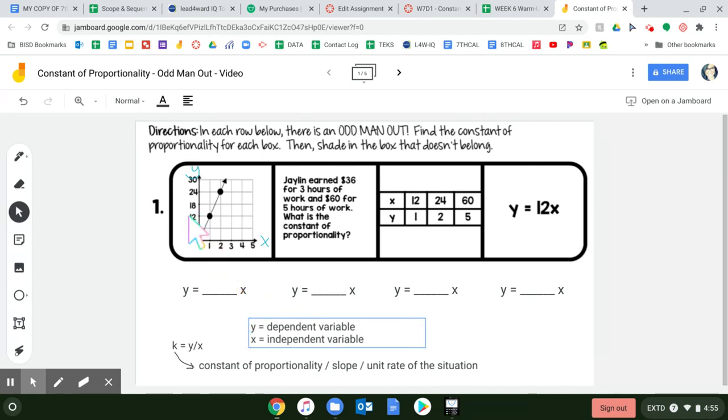So, on this one, if we're doing y divided by x, this point of data is 1, 12. This point of data is over 2 up 24, so we would call that point 2, 24.